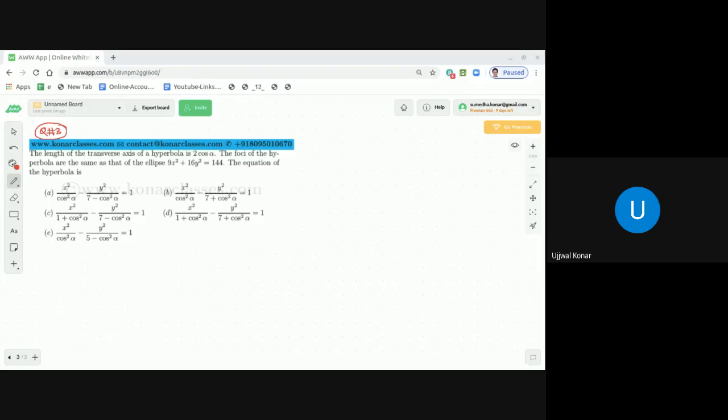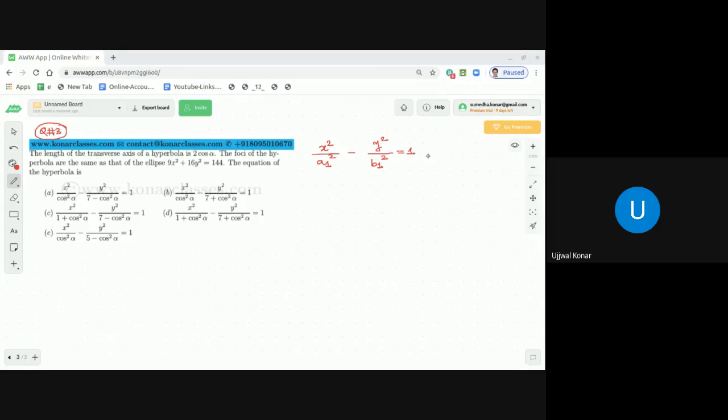So let us assume the equation of the hyperbola to be x square by a1 square minus y square by b1 square equal to 1.